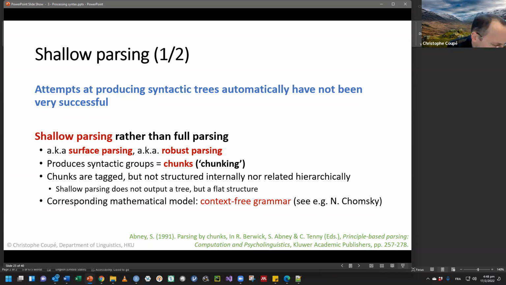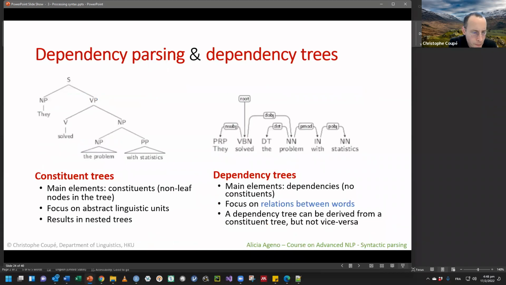There is actually a mathematical model for that. We call it a context-free grammar. That's a very important thing that was proposed by the very famous linguist Noam Chomsky, but I'm not going to push into details here. There is no point. That's just something simpler to do in theory and in practice. So if you see on the right, you have a syntactic tree.